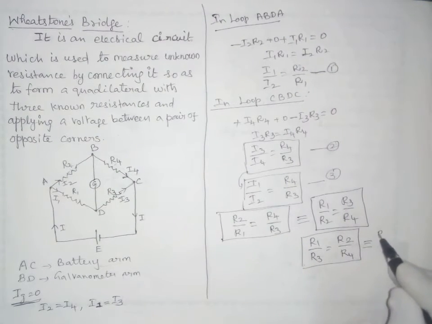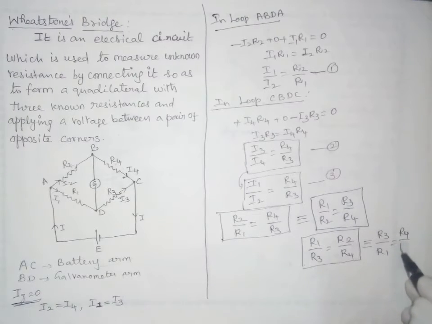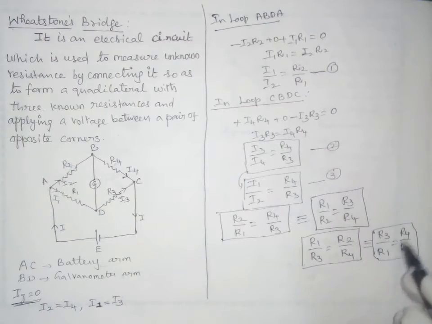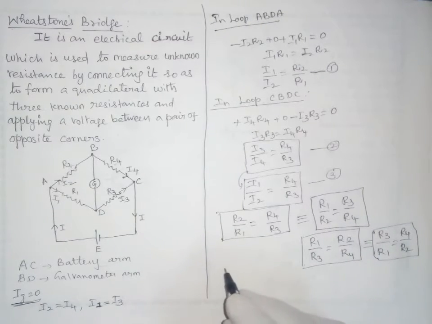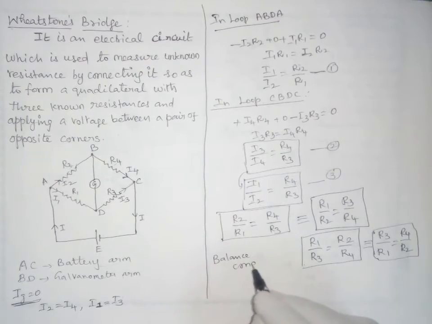In this way we can write the balanced condition. So this is called the balanced condition for the Wheatstone bridge.